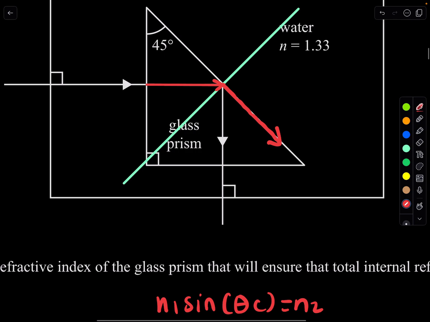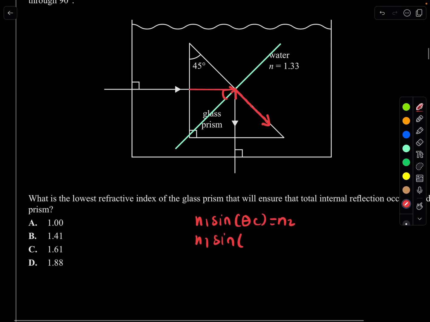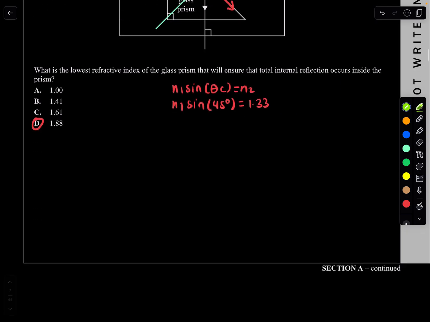This is your critical angle, and it's actually just 45 degrees, because this is a right angle triangle, and halfway is 45 degrees. And N2 is the water, which is 1.33. So it's going to be 1.33 sine 45, which is 1.88, which looks like D is your answer. Nice.